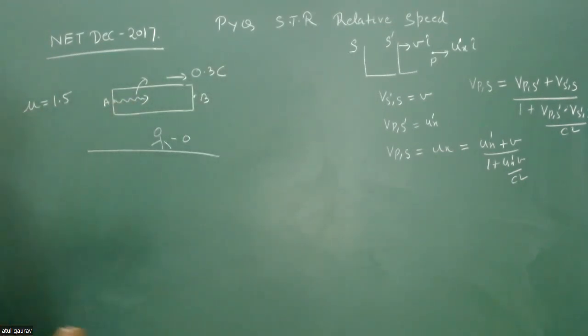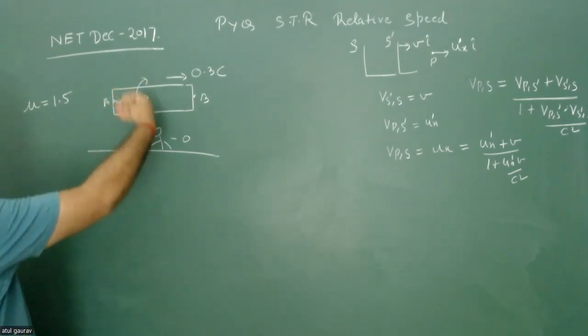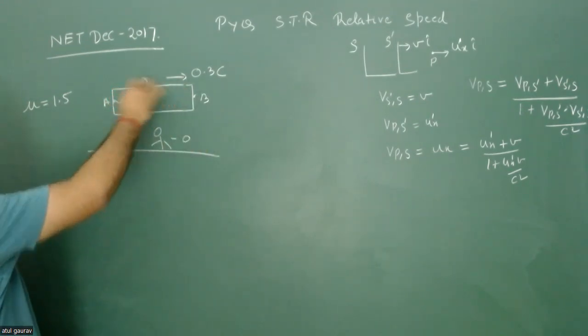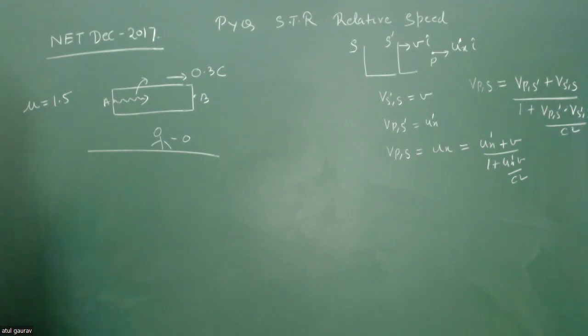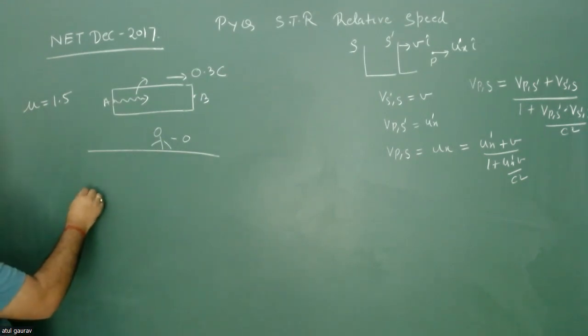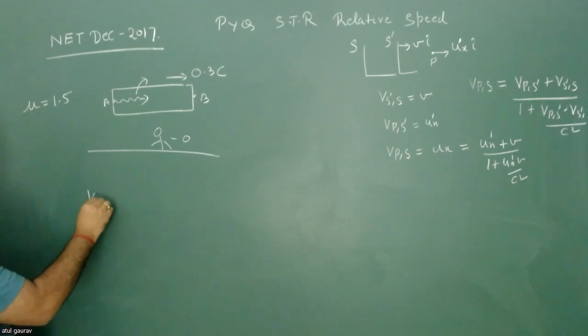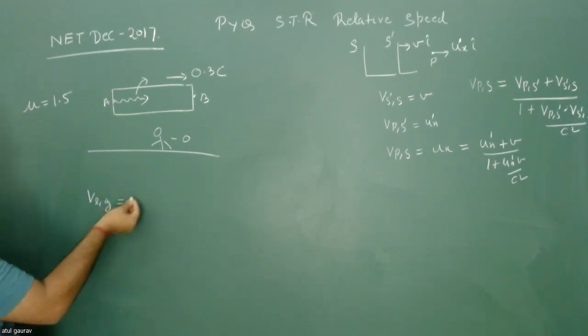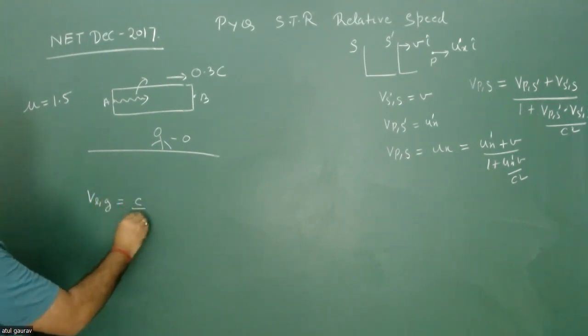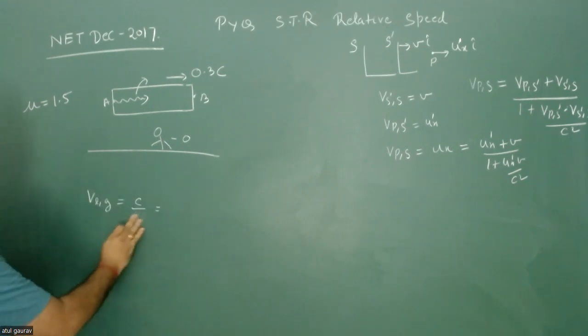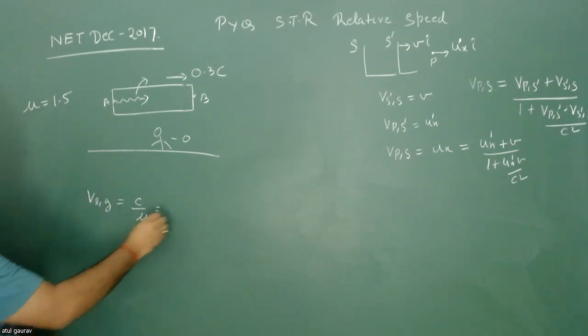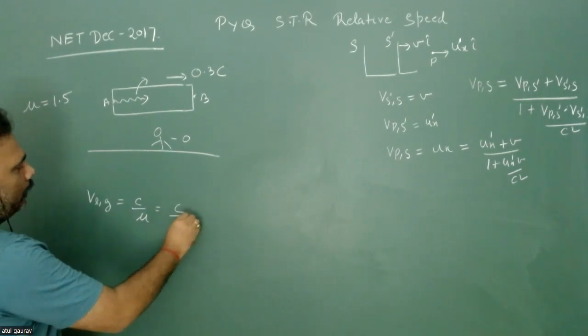If the glass plate remains stationary, or if the observer sits on the glass plate, then the velocity of light with respect to the glass plate is nothing but c upon n, or c upon mu, and mu is 1.5.